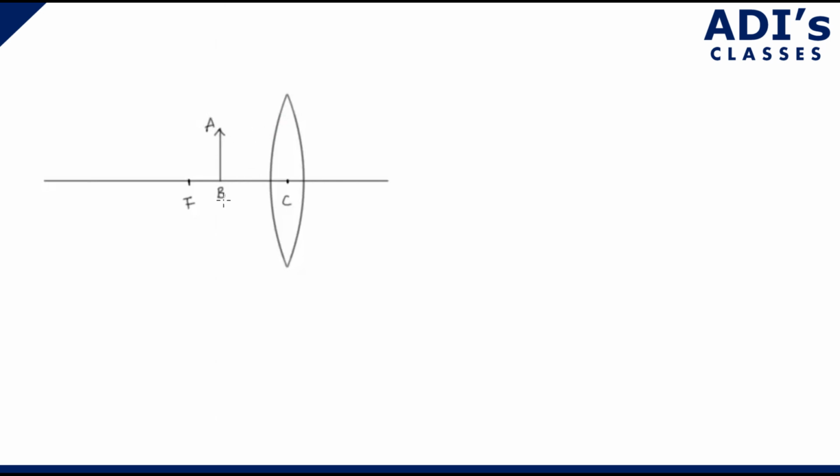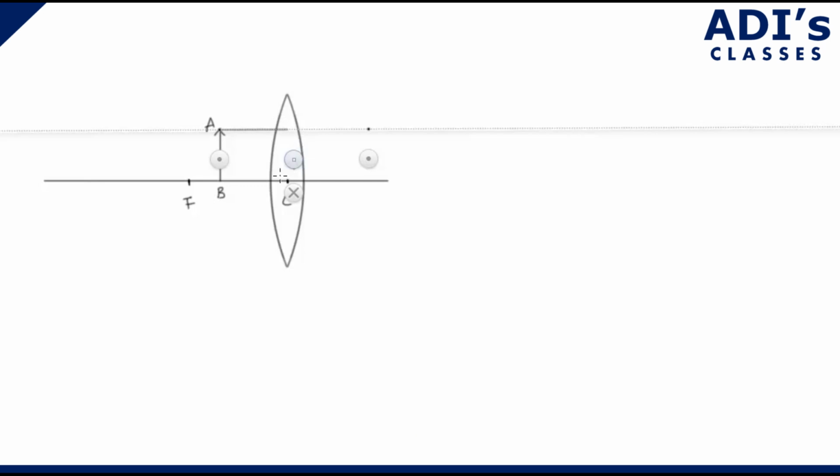So we are keeping an object, let's say here. Let's call this AB. Now AB is the object, F is the principal focus, C is the center of the lens.